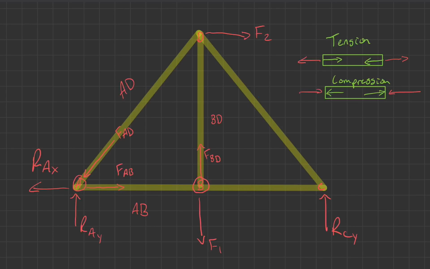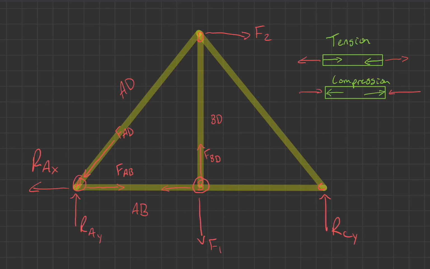Okay, so if we're already indicating on member AB that we're in compression, I can assume that this guy is also going to be going this way. I shouldn't have forces going in the same direction inside of my members.